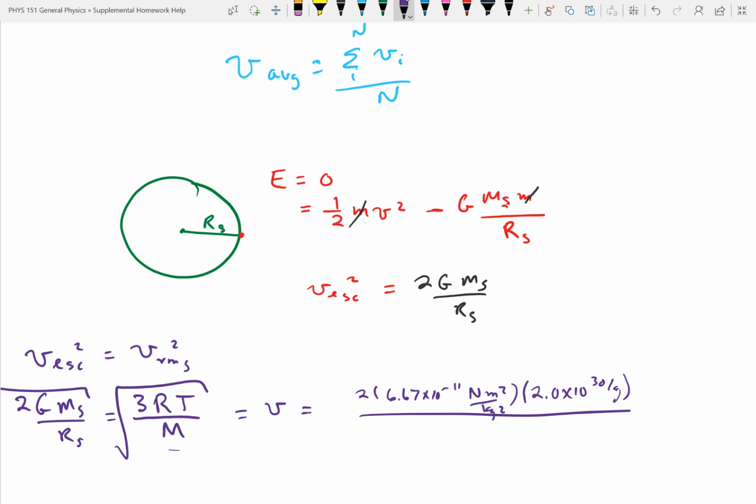Over the radius of the sun, I really don't know the radius of the sun. So now I have to look something up. I'll check the mass of the sun first. 1.989 times 10 to the 30, so that's good enough. The radius of the sun is 7.0 times 10 to the 8.